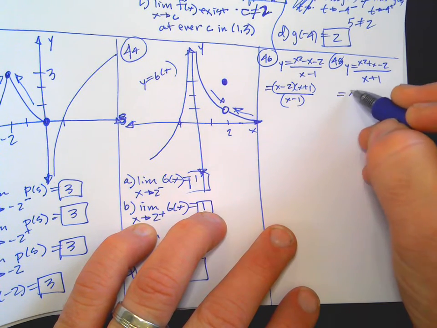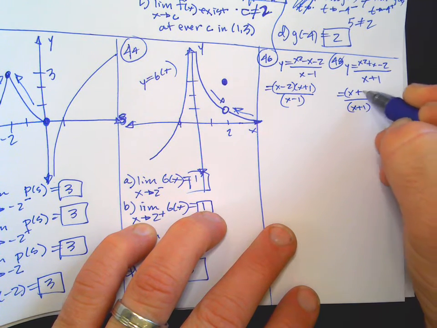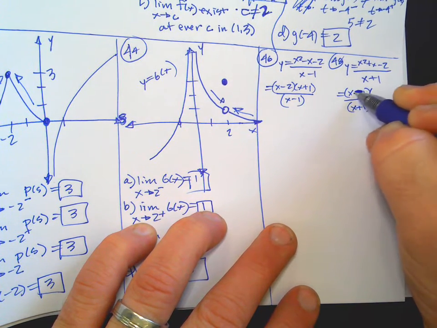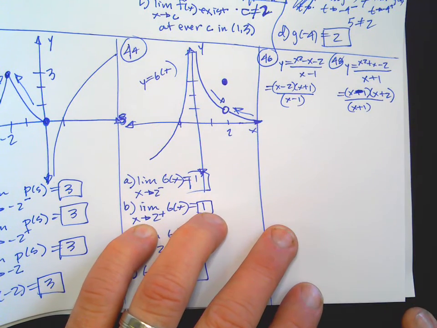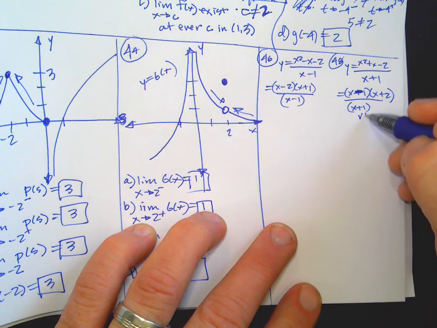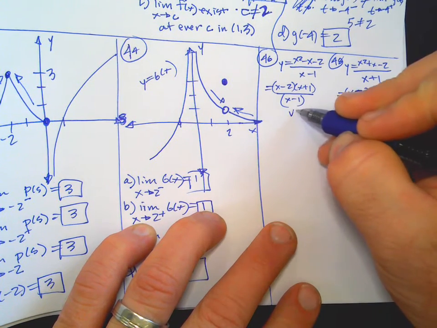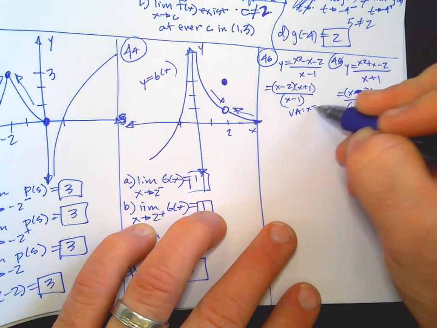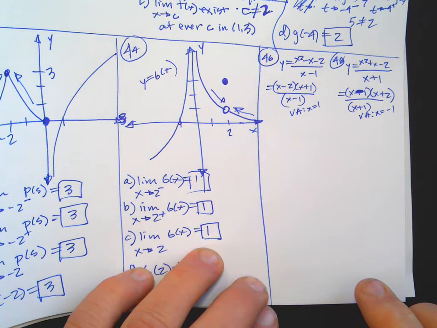This one, let's see, plus 1 or minus 1, x plus 2. That one doesn't have a hole either. So these have vertical asymptotes at x equals -1 and vertical asymptote at x equals +1, which means the graph should blow up as it gets close on both sides.